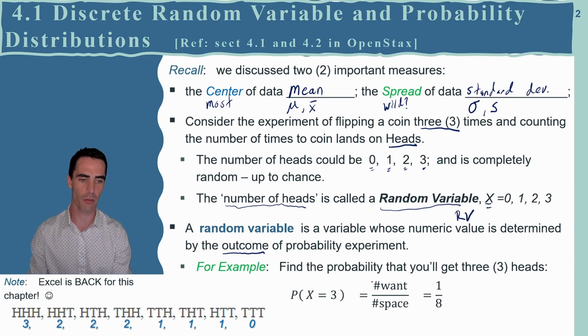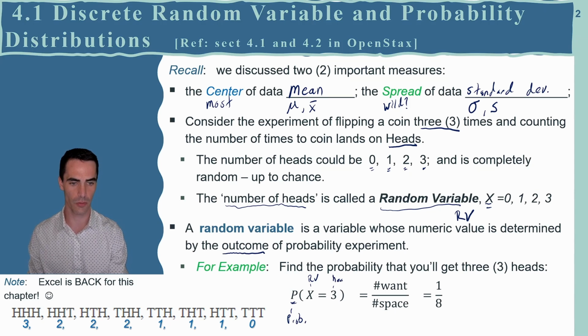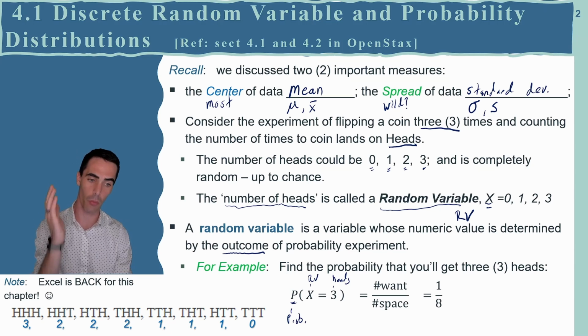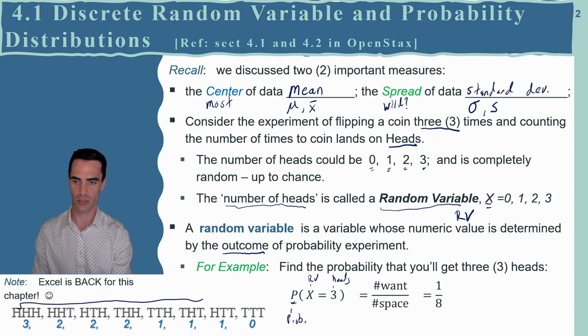Say maybe I want to find the probability that you'll get 3 heads. That would be all heads, nothing else. Well, if you'll remember, we can write this as probability of x, this is our random variable, equal to 3. That refers to 3 heads. And if you want to go back to the basics, it's always the number that we want divided by our space. If we flip a coin 3 times, in fact, I drew out the space for you just beneath me, if I want all 3 heads, well, I have one of those.